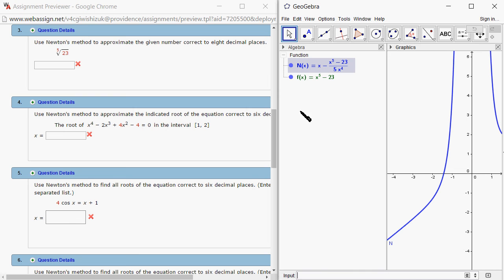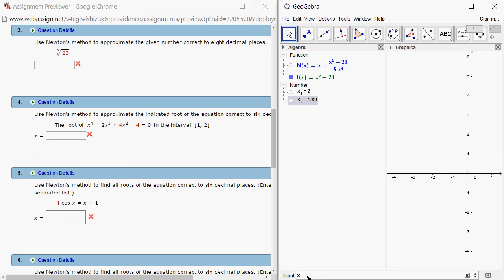We don't really need to see the picture of Newton's method. Then I'm going to start with x equals maybe 2. So x1, the initial guess, is 2. Then x2 is n of x1.